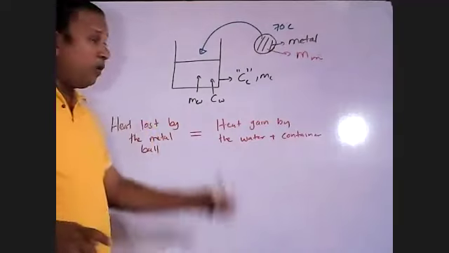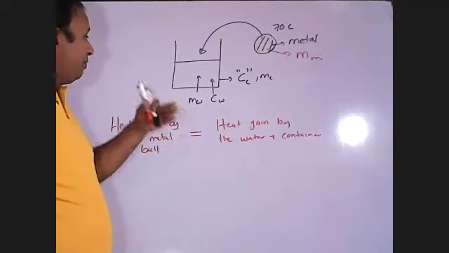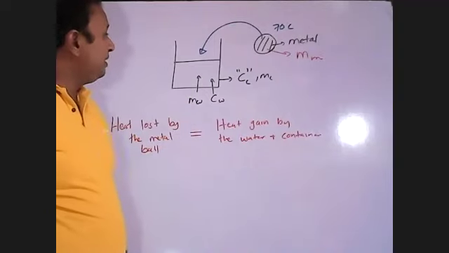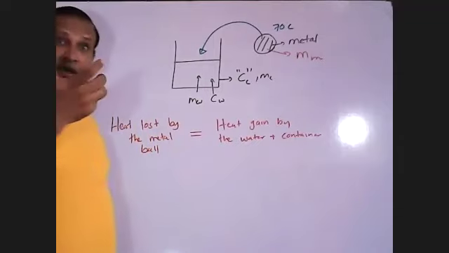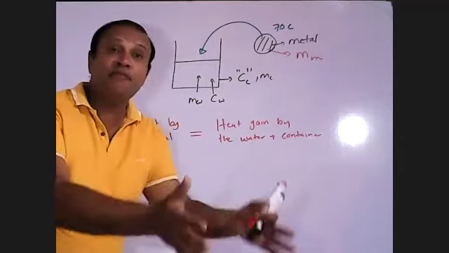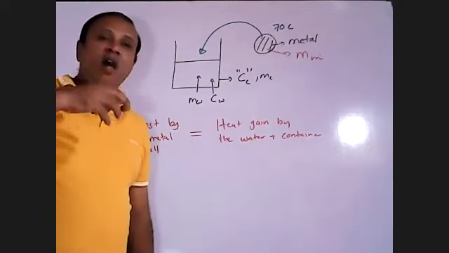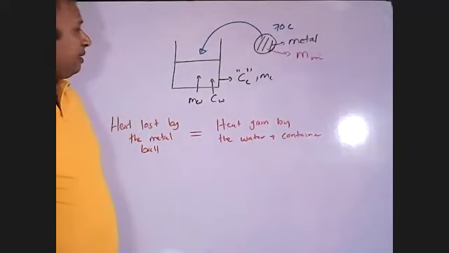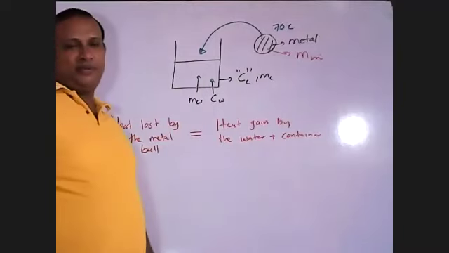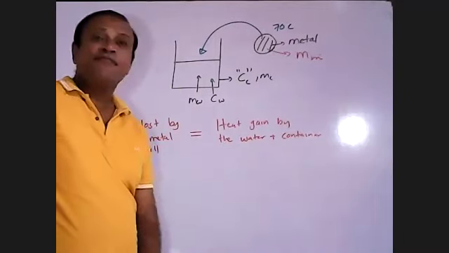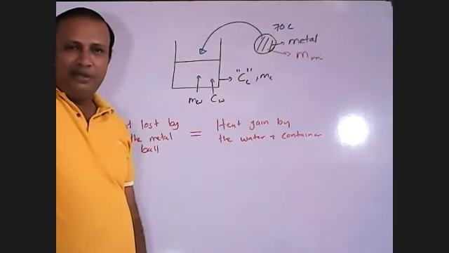If you know the relevant information, that means M_W, C_W, M_C, C_C, then M_M, and if you measure the temperature difference also, then you know all the factors in this equation. So you can calculate the C value of the metal.